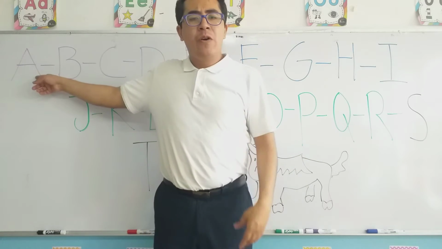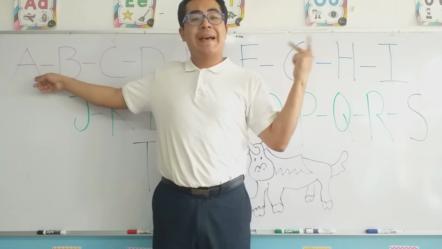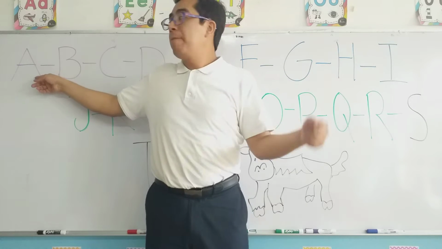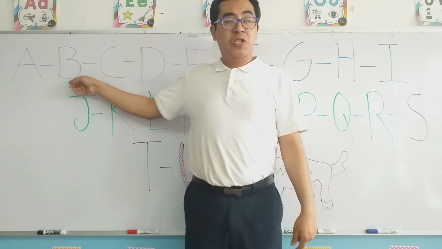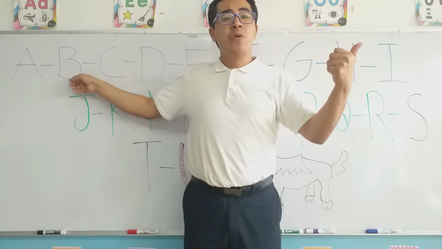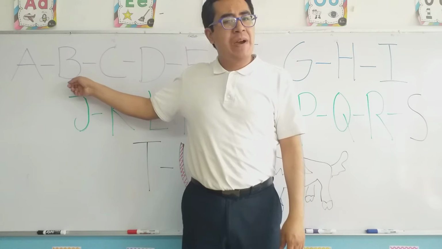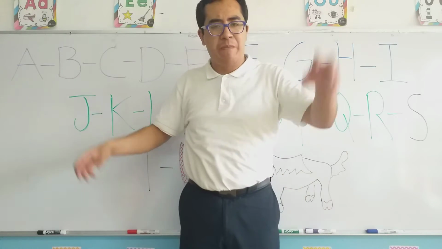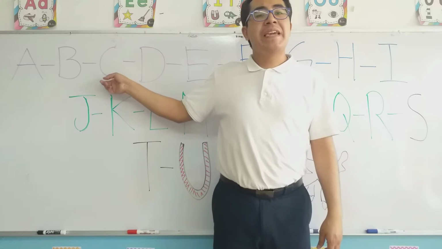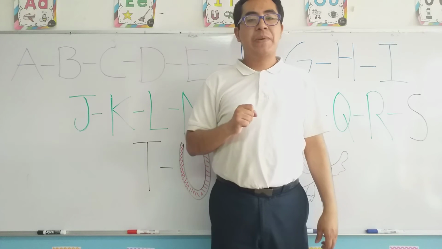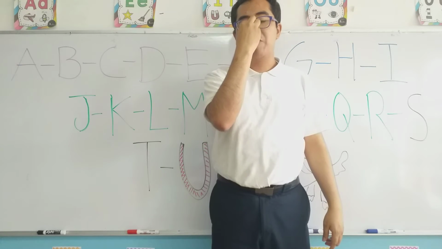Capital A, objects with this letter: airplane, ambulance, ant, apple. Capital B, objects with this letter: balloon, ball, bear, an animal of the jungle. Remember, bear in Spanish, oso. Capital C for coin. Capital C for clown, the person with the red nose.